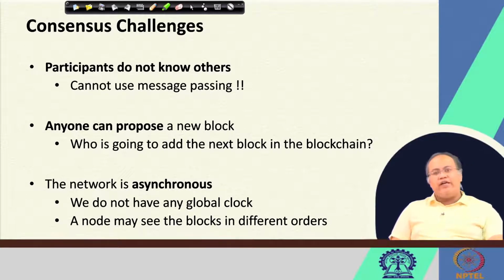Now, this is again a very crucial question. Why is this a crucial question? Because you need to ensure that in different rounds of the protocol, different participants are able to add the next block. Why is that so? Because if I am the only person who is going to add multiple blocks, say the next 100 blocks in the blockchain, then at least a portion of the network comes under my control.